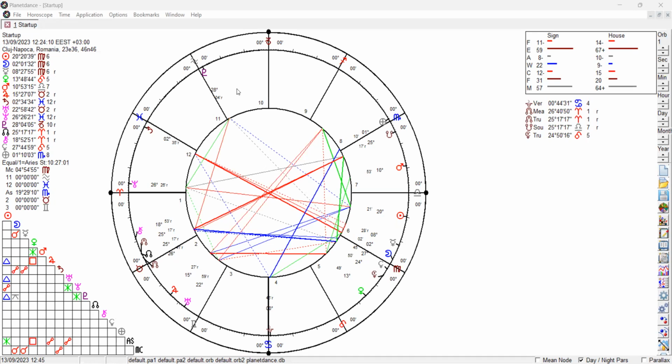Then there is Pluto. Now, Pluto is the most potent and slowest moving modern planet here. Pluto represents our power. Pluto represents where we need to transform, where we need to change. But again, it's a social planet because it's very, very karmic.